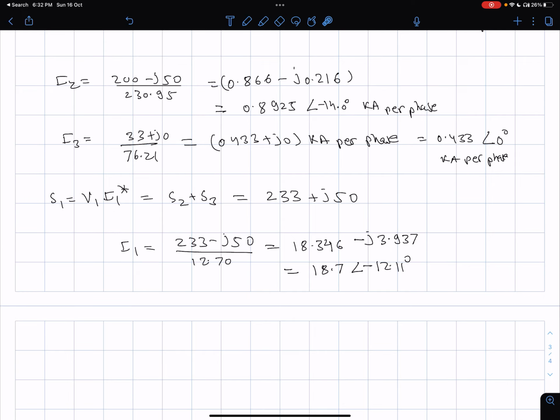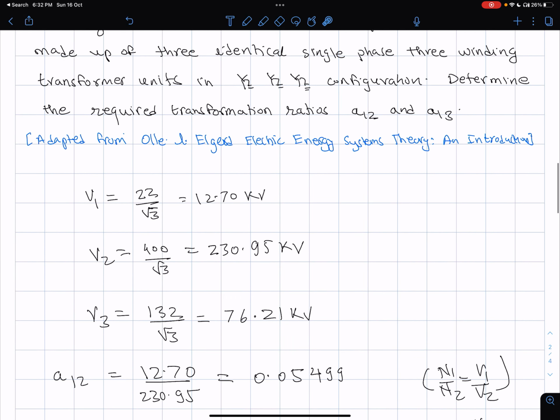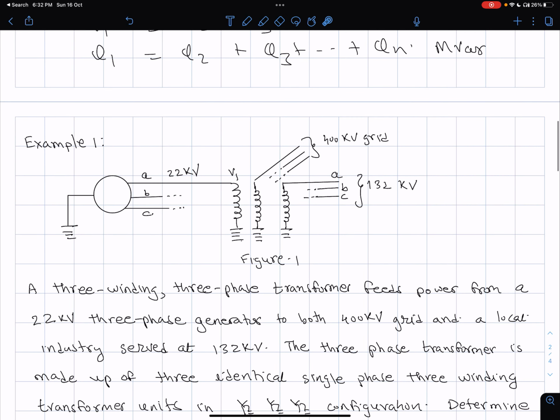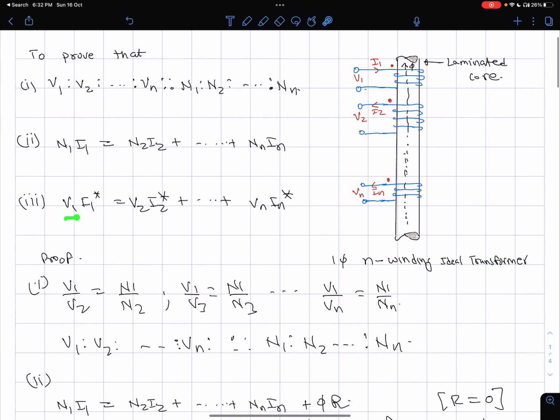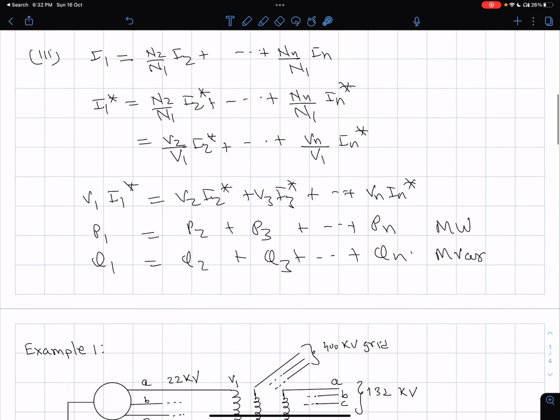What I will say is that winding 1 supplies complex power to winding 2 and winding 3, and we have already seen this relationship here: V1 I1 star is equal to V2 I2 star plus V3 I3 star.